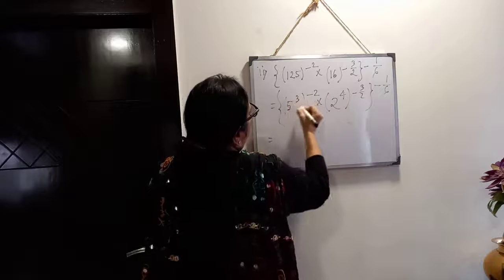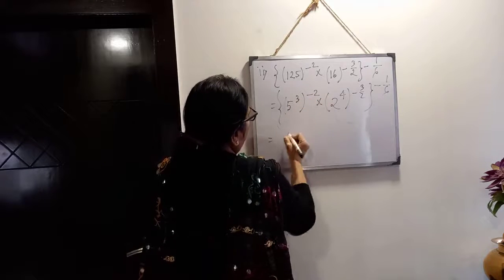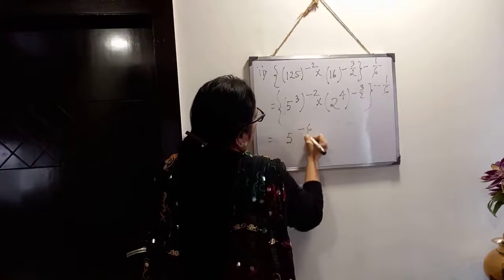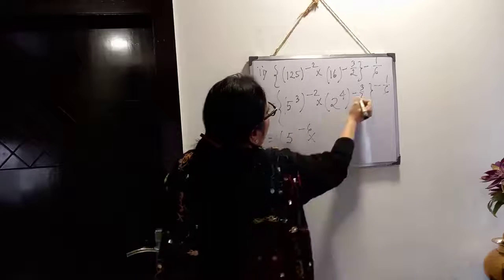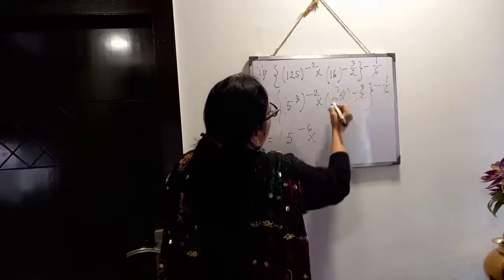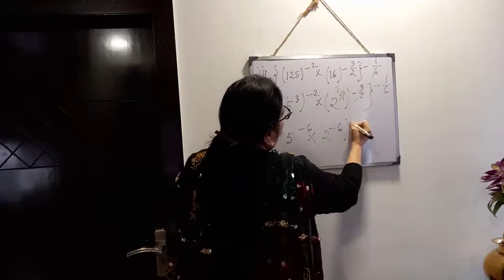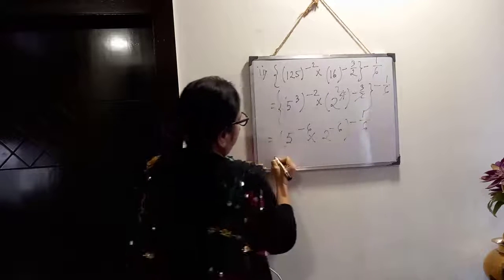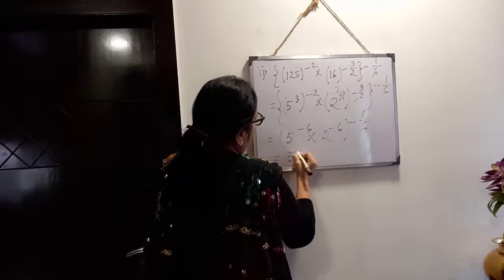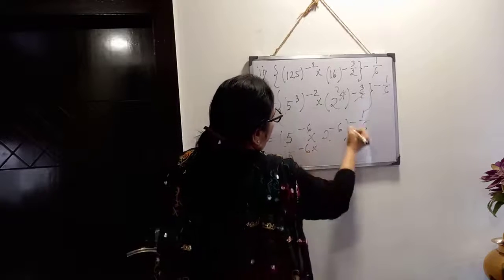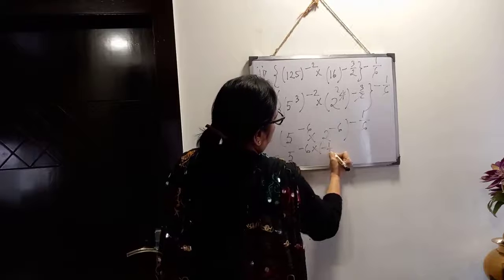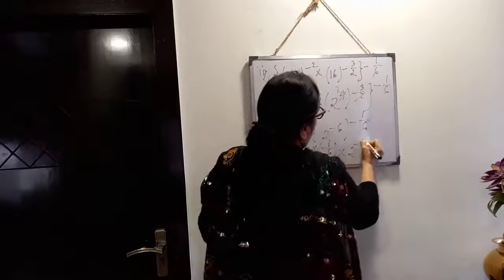Now here we will multiply. 3 into minus 2 means minus 6. 5 to the power minus 6. Into here 2 and 2, 4 cancel, again 3 2s are 6, 2 to the power minus 6, here whole to the power minus 1 by 6. When you are opening the bracket, this minus 1 by 6 will be multiplied here also and here also.